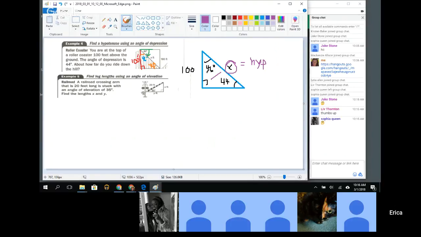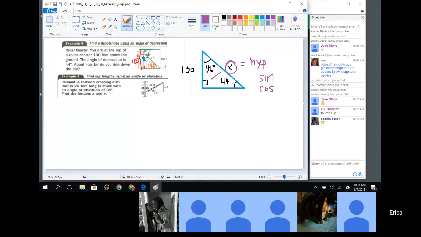So I know that I'm probably going to use either sine or cosine. Sine and cosine both have a hypotenuse in them. Tangent is good, it tells me opposite over adjacent, but I'm not trying to solve adjacent. I'm trying to solve the hypotenuse.